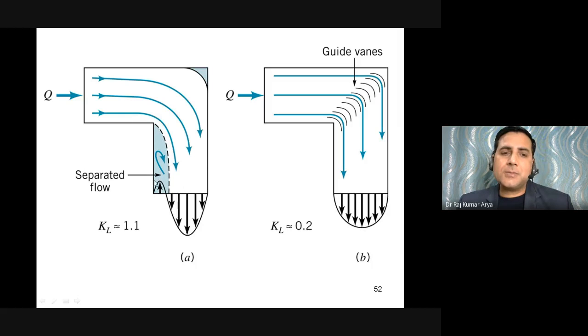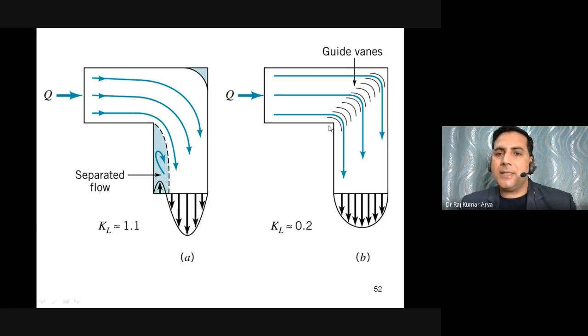So this would create a flow separation, because as you have a sharp change, like in your tap also, wherever you have a sharp change, the fluid will not fall just straight downward. It is somewhere far away. So this type of flow separation will always give a high amount of losses actually. In this case the losses are high. You see the KL is 1.1.